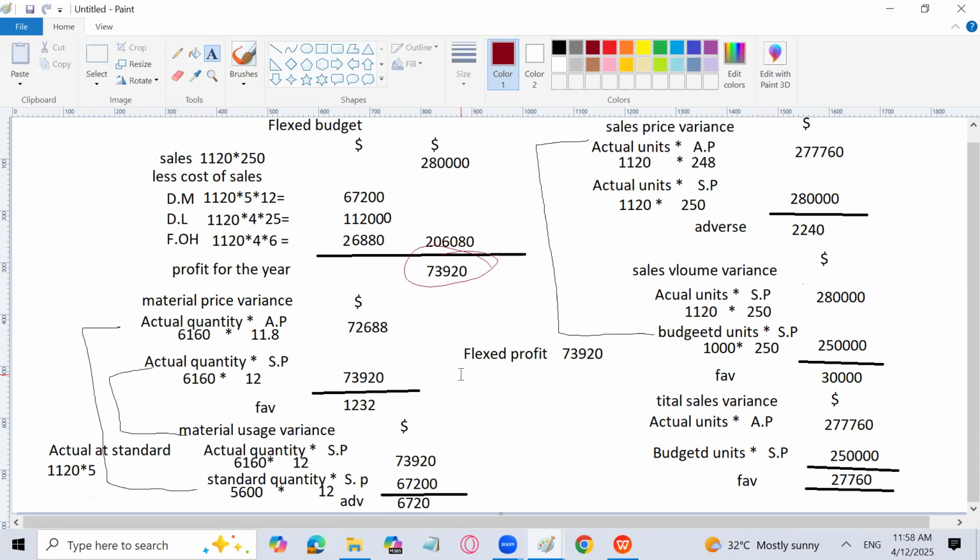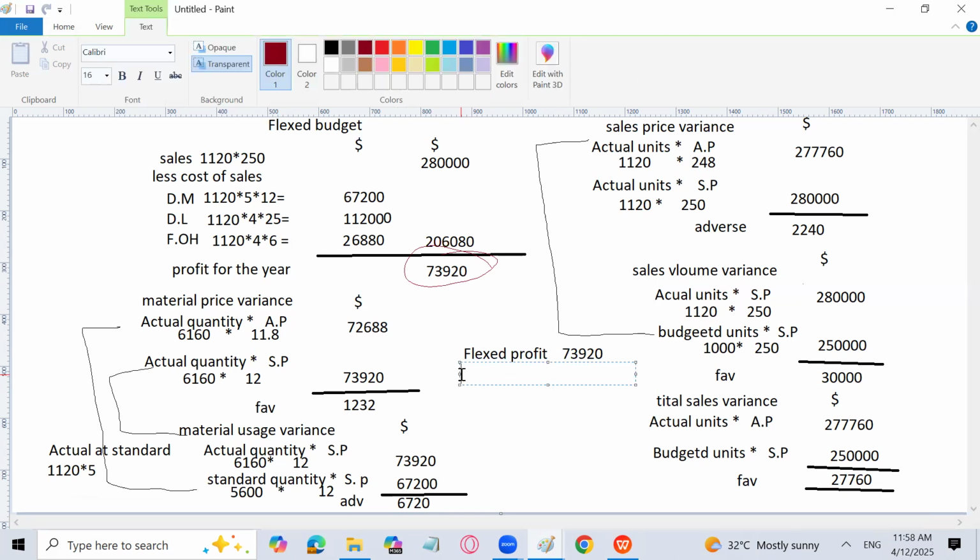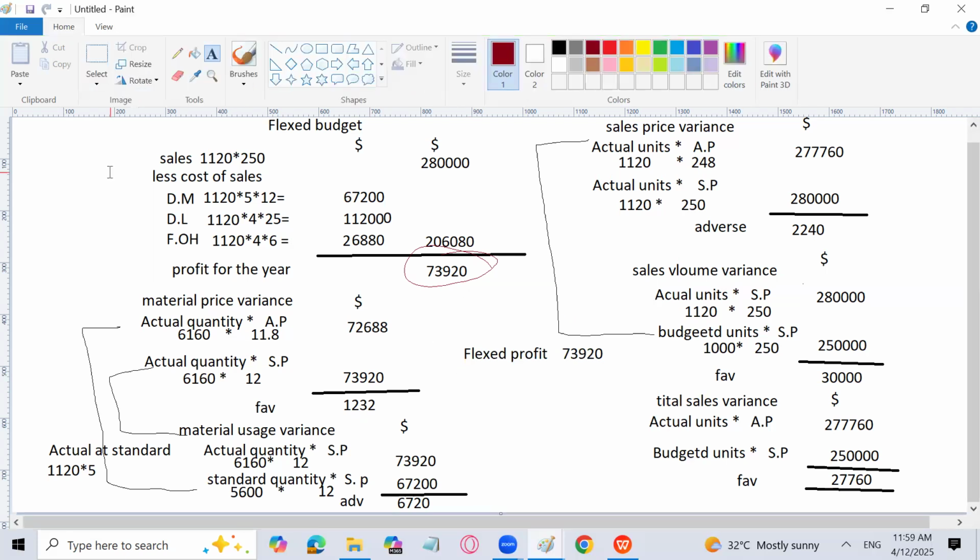But remember that you will not take sales volume variance in this particular reconciliation. All other variances we will take into account. Sales volume variance will not be taken into account because the difference between flex profit and actual profit is not because of the volume in units. It is because of the rate, either the actual rate or the standard rate.